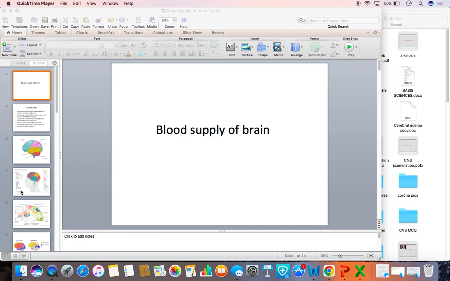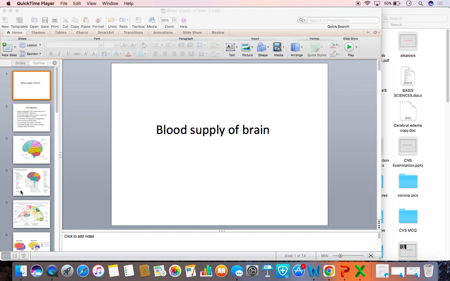Try to understand this particular anatomical divisions of the brain. Brain is the proximal part of the neuraxis, proximal to the foramen magnum. That means brain is defined as that part of the neuraxis proximal to the foramen magnum.